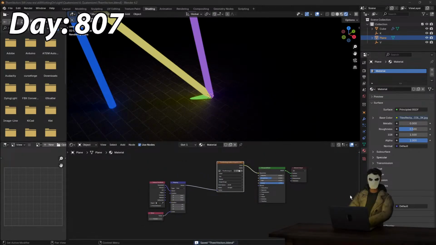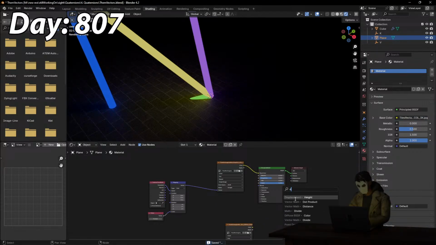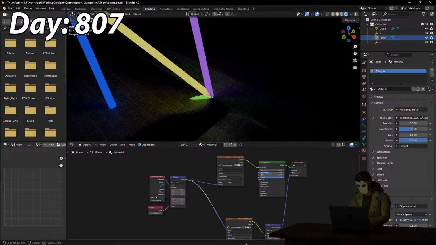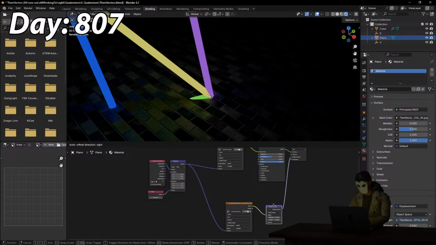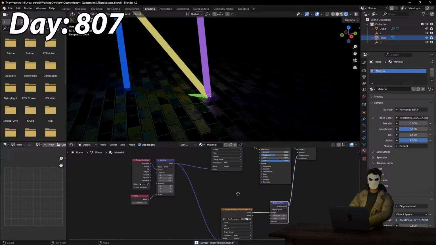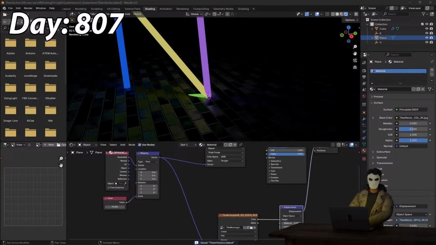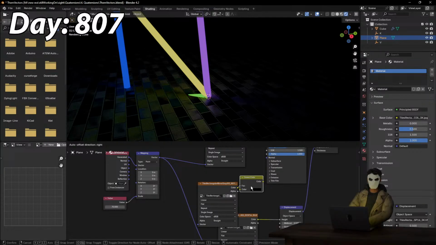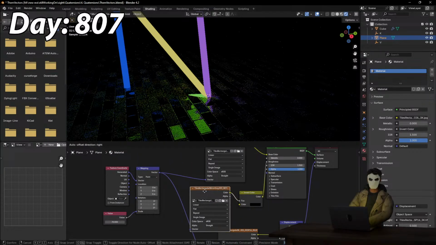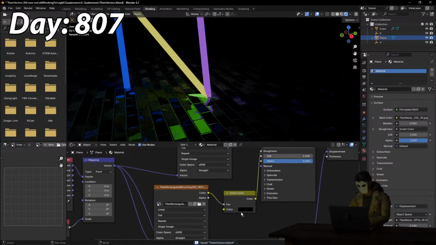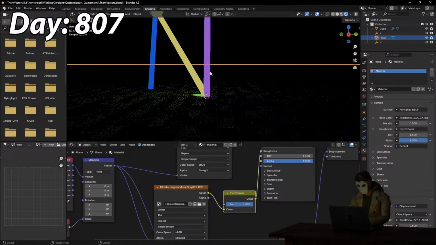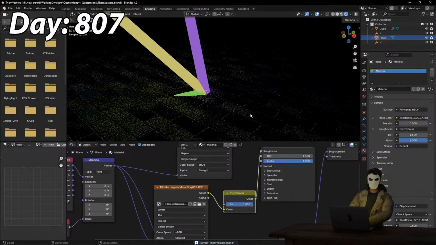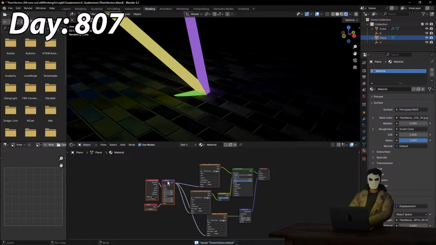Then displacement. Oh, that already looks funky. Then reflection. My PC freezes whenever I move something, which usually means that it's about to crash. And if it's gonna crash with everything I have open here, I'm gonna be slightly upset.